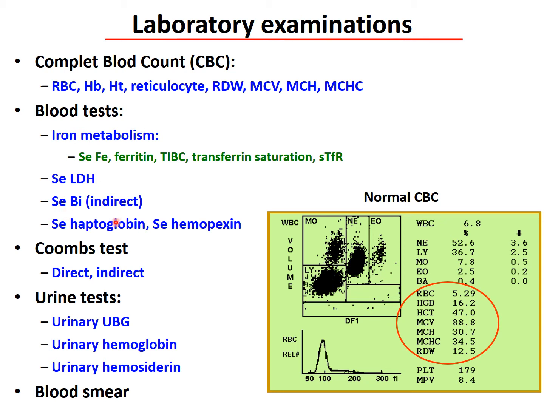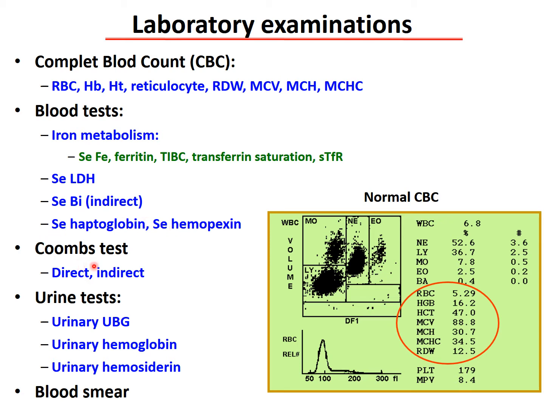That's going to tell you whether that's an intravascular hemolysis. In this case, haptoglobin and hemopexin levels decrease. If you do not have any changes, that could be extravascular. Extravascular means that the cell is directly phagocytized. Intravascular means that the cell is destroyed inside the circulation, and afterwards the bilirubin is taken up by the phagocytic system.